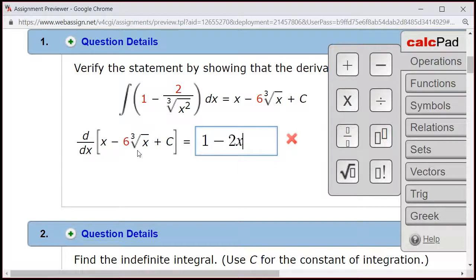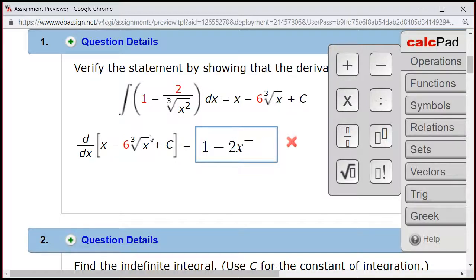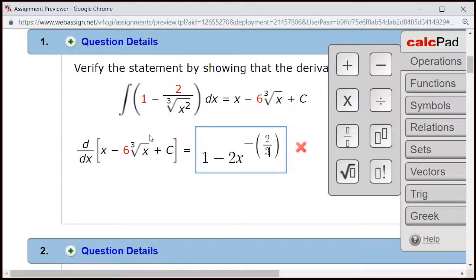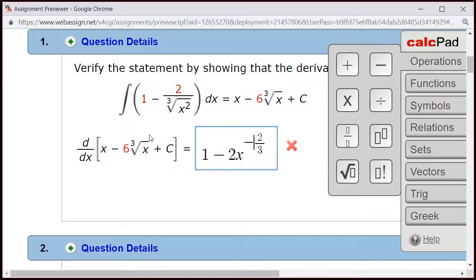Then x to the, we subtract 1 from 1/3, so it's negative 2/3. I don't like having parentheses, so I get rid of that. And then take the derivative of the constant. That's going to be 0.